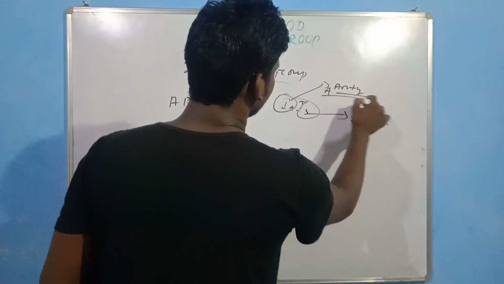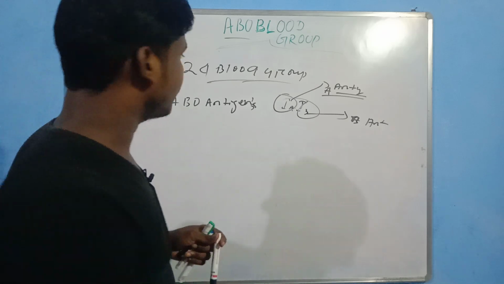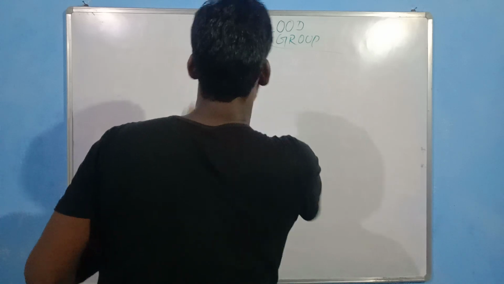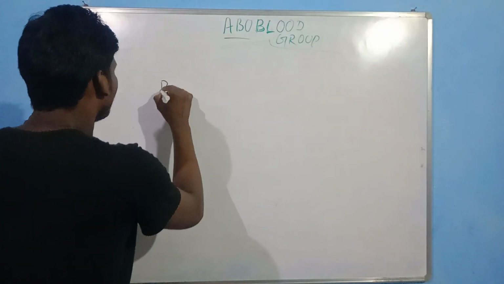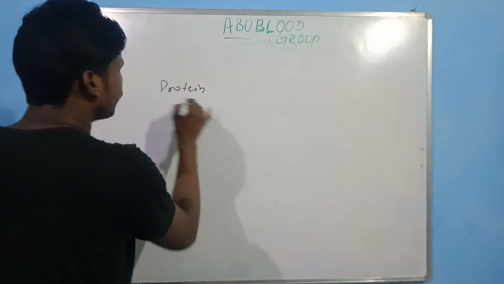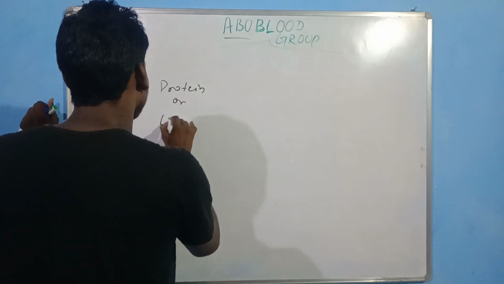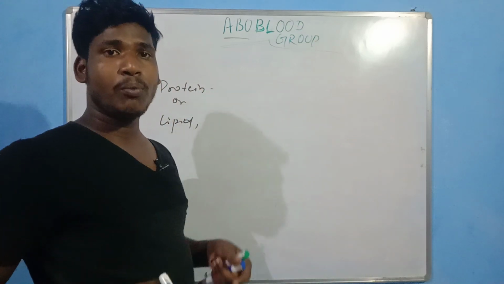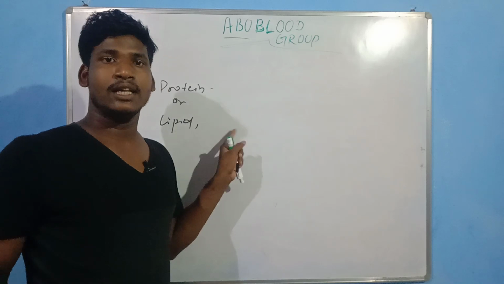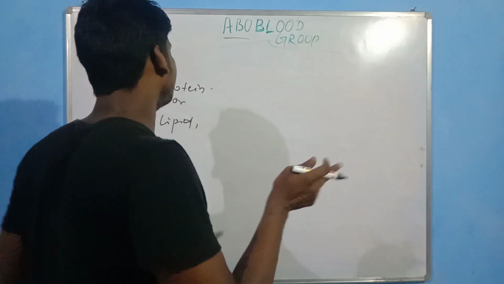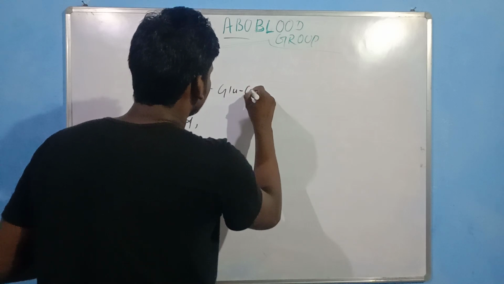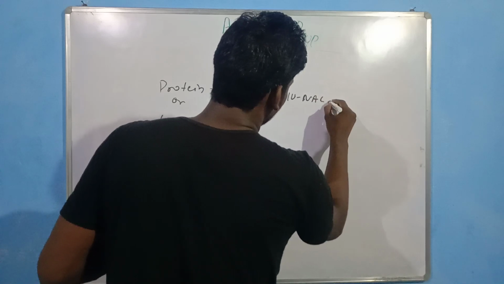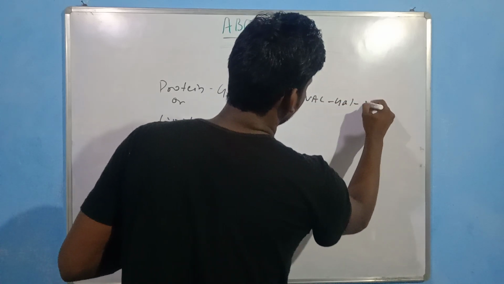The ABO antigen is a complex oligosaccharide chain attached to a protein or lipid portion. For the A and B antigens the chain is similar, but a difference arises. The chain consists of glucose, galactose, N-acetyl glucosamine, galactose and fucose.